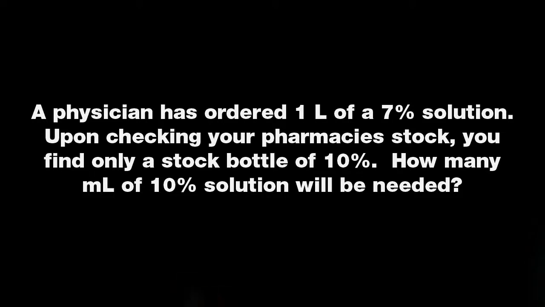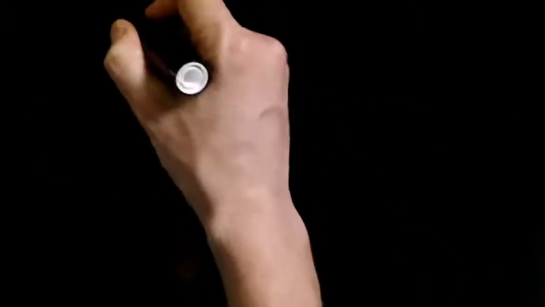You go to the shelf, and of course a 7% solution is not there, but a 10% solution is. Let's work through the math on how you will turn that 10% solution into a 7% solution, just like the physician has ordered. I'm going to write here what we want. We want 1 liter of 7%.